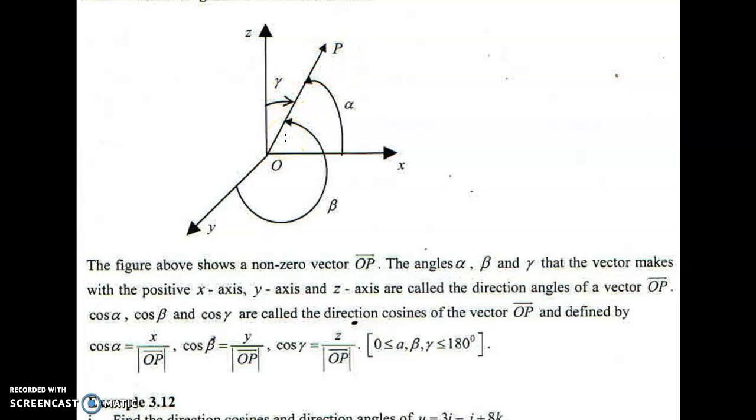So positive only. If, let's say, you have a negative value of y, the vector contains negative y, so it is in the negative area for y.